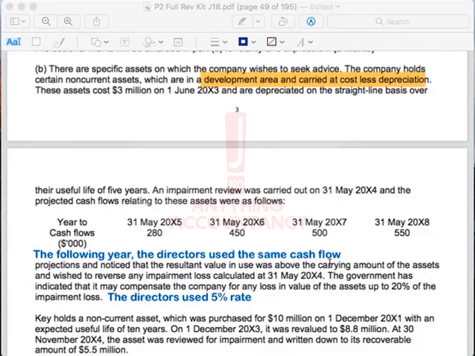Okay, so before we go on, let's look at the first part. This asset, can you do an impairment review?